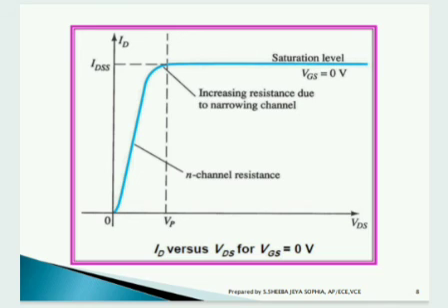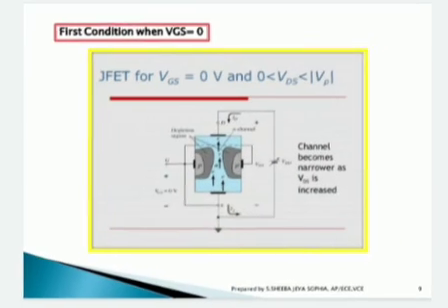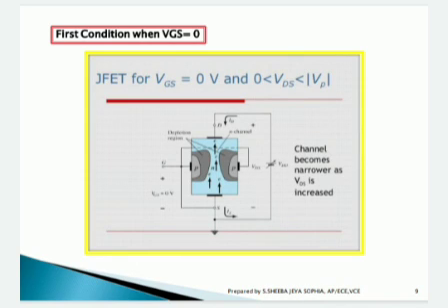Pinch-off voltage is marked as the junction point between the IDSS and the curve. So ID versus VDS for VGS equal to 0 volt is clearly shown in this diagram. And thus our first condition: when VGS is equal to 0 volt, the channel becomes narrower as VDS is increased.